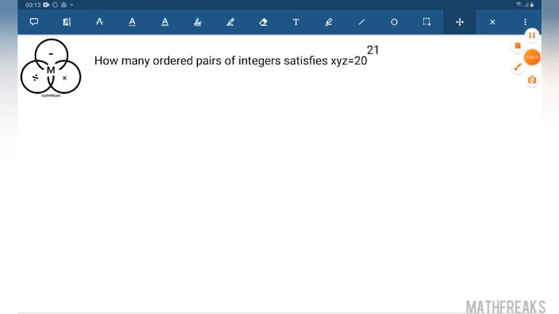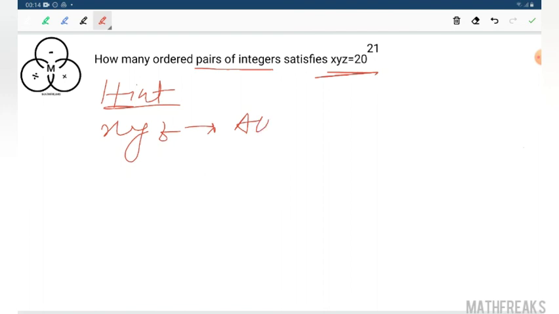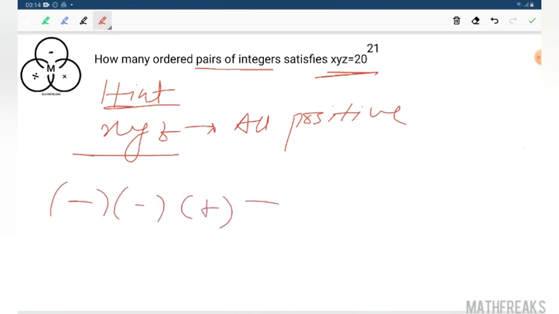Using the same idea, we will approach this: 20 whole to the power 21. Pairs of integers. I'm just giving the hint that x, y, z all positive, and negative, negative, positive, which can happen in 3 factorial over 2 factorial ways.